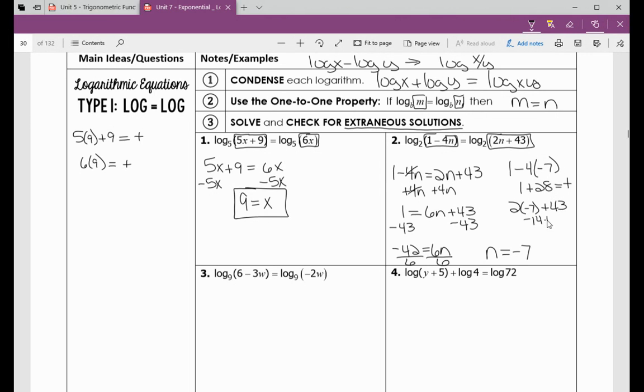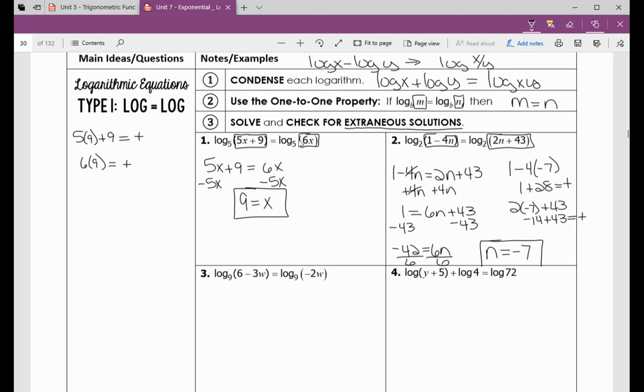Negative 14 plus 43 will remain a positive number. So I can keep negative 7 as my answer. I don't care what my answer is. The biggest thing is, does that answer create negative values here? Because these numbers cannot be negative.